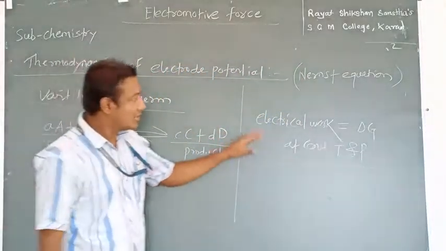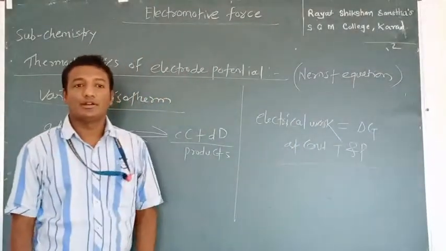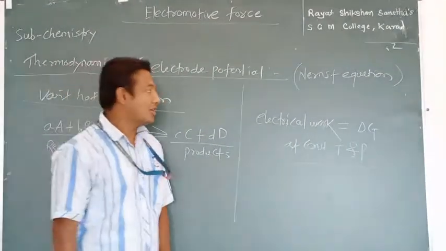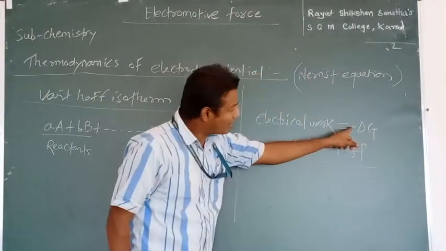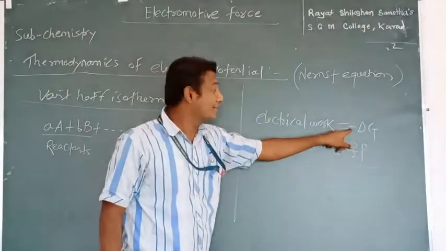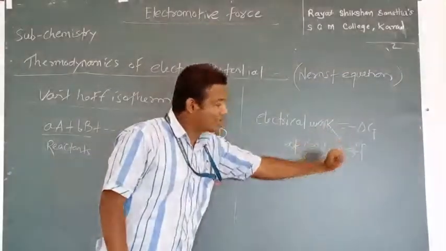Scientists considered the electrical work done to be the decrease in Gibbs free energy change. Why this negative sign? For a decrease, they have put down the negative sign here.